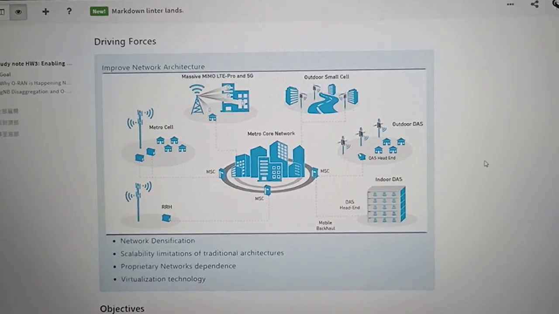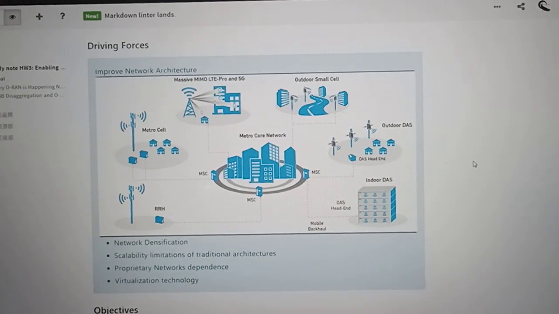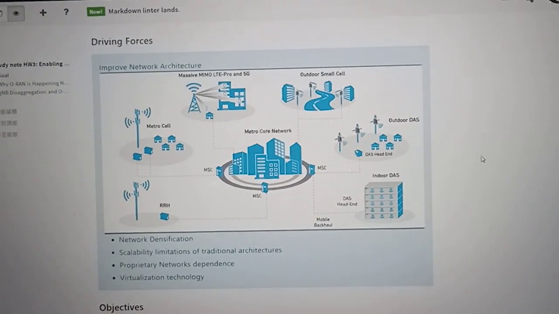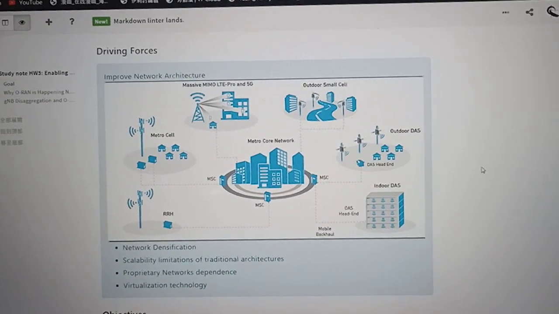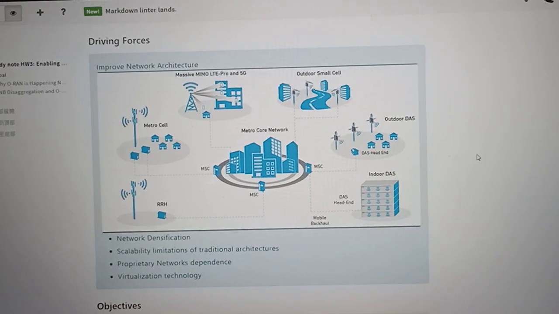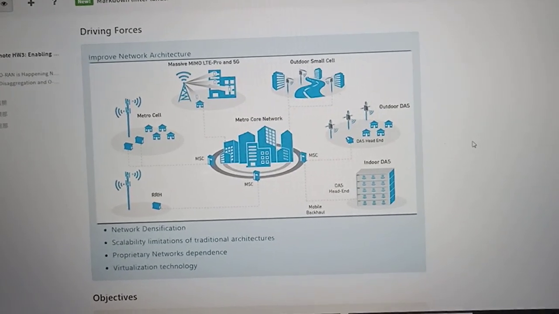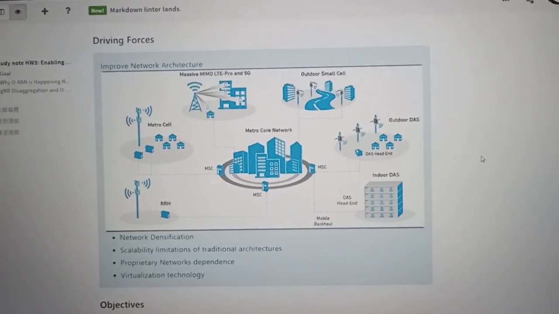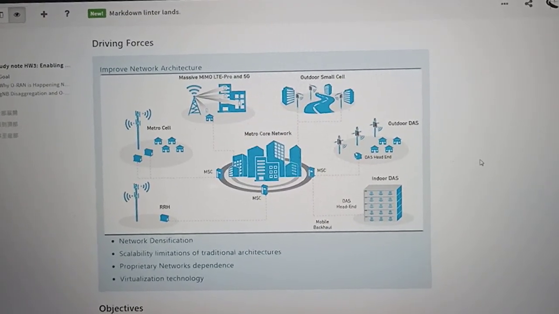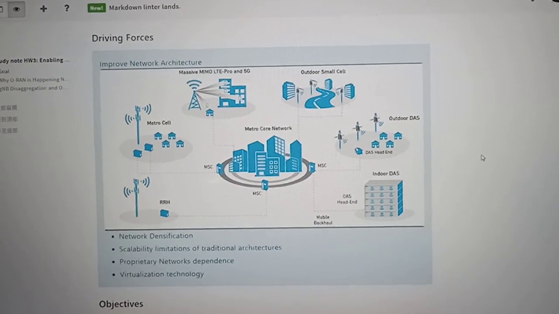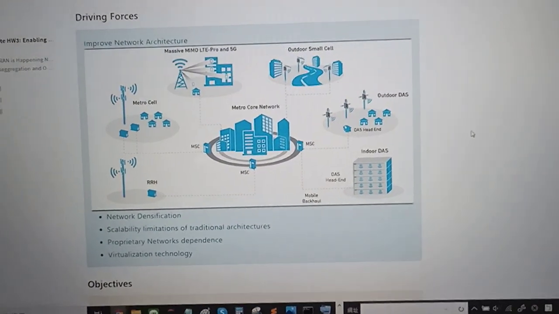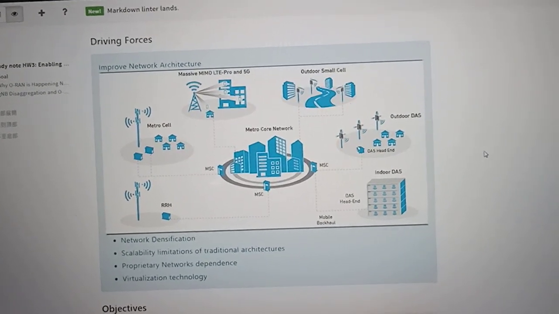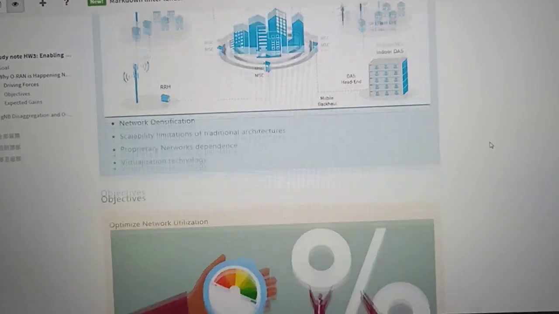These are the main reasons that make us develop the O-RAN architecture.